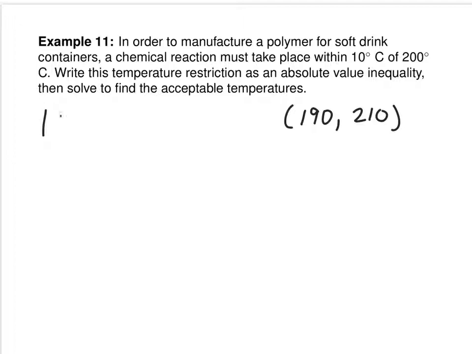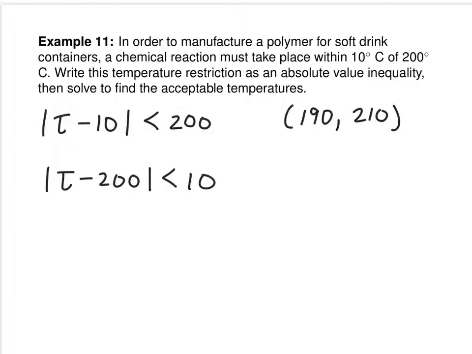So is it temperature minus 10 is less than 200, or is it temperature minus 200 has to be less than 10? Which one of them did that come from? So here's the thing, the difference between your temperature and 200, so is that the first one or second one?